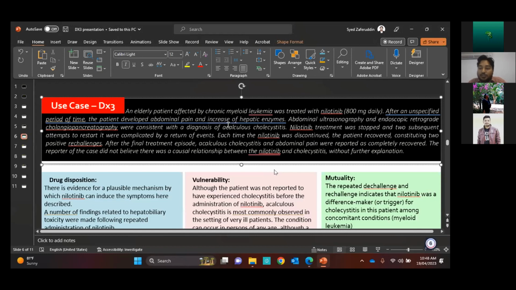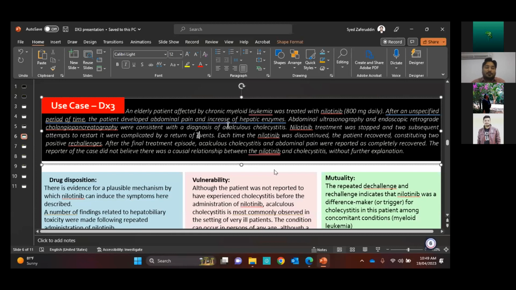Nilotinib treatment was stopped and two subsequent attempts to restart it were complicated by a return of events. Each time the nilotinib was discontinued, the patient recovered, constituting two positive re-challenges. After the final treatment episode, acalculous cholecystitis and abdominal pain were reported as completely recovered. The reporter of the case did not believe there was a causal relationship between nilotinib and cholecystitis, without further explanation.